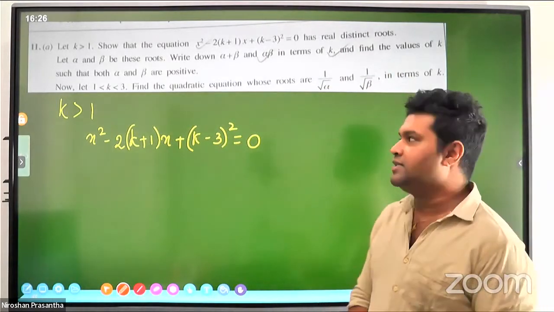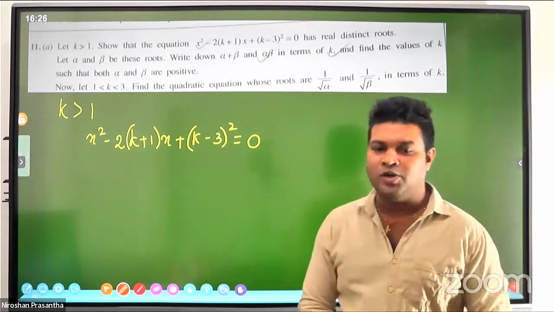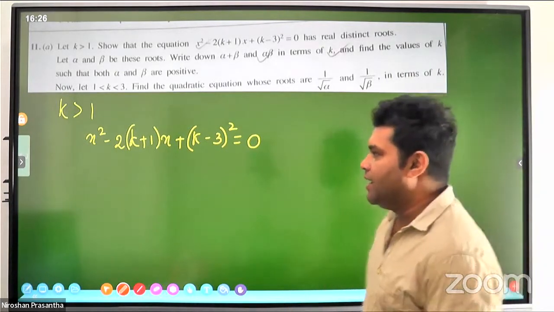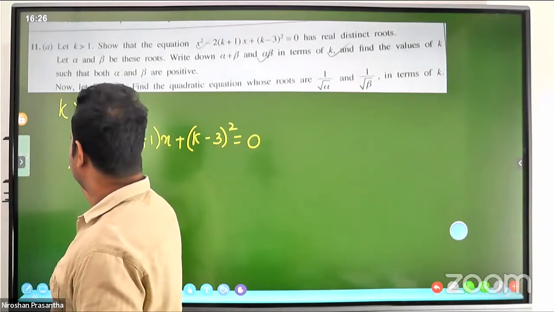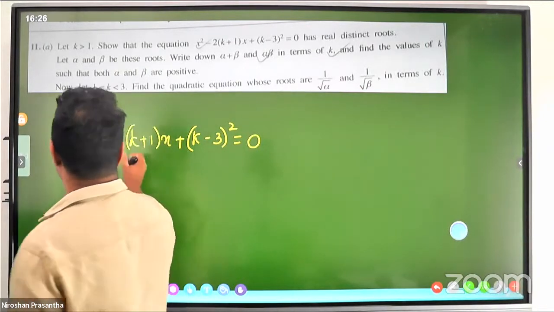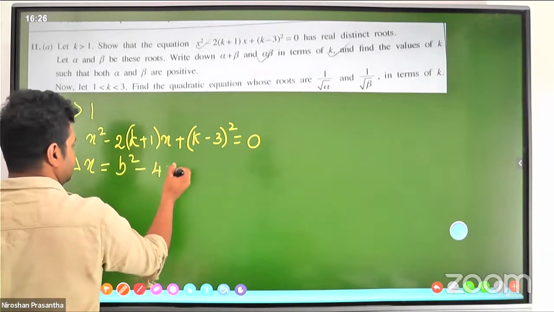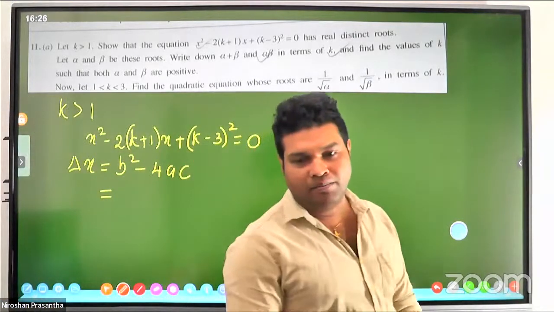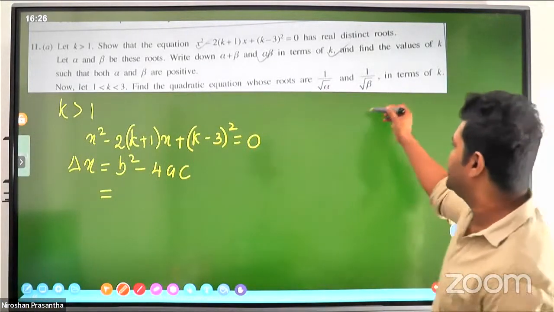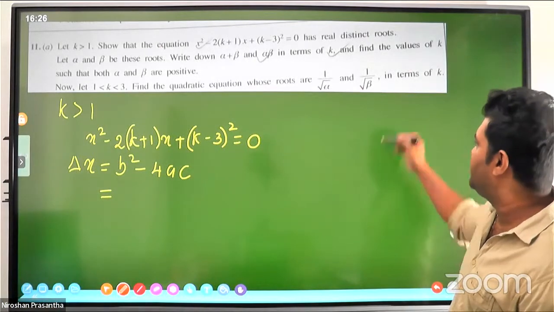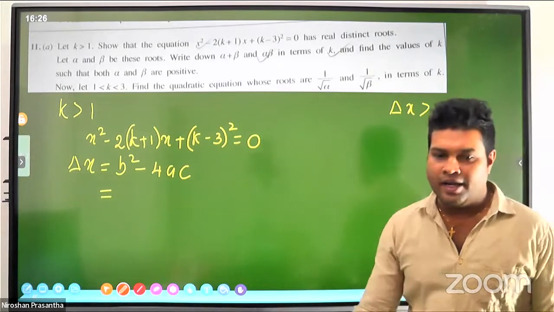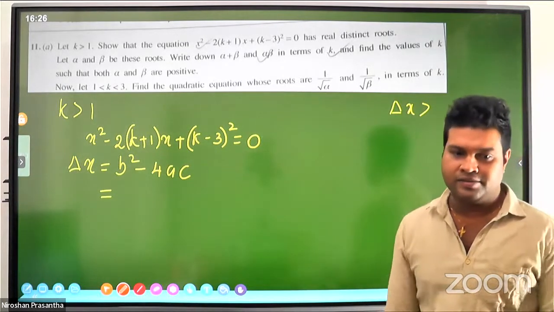To prove real distinct roots, we always use the discriminant, delta, which is the theory. What's delta? B squared minus 4ac. You can check whether this becomes a positive number. If delta is positive, the roots are real and distinct.